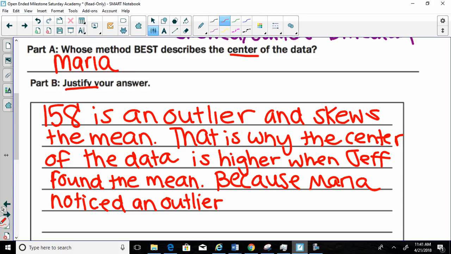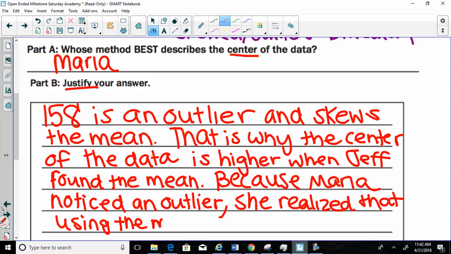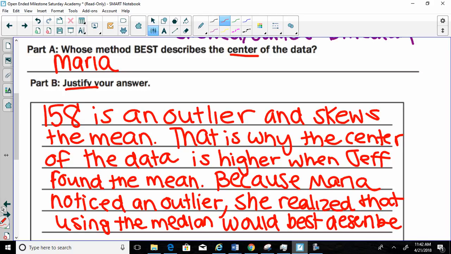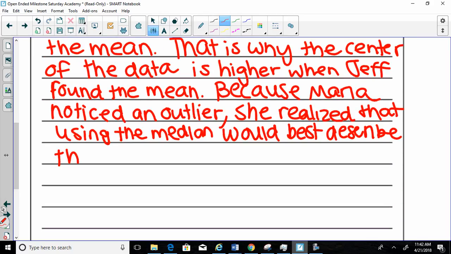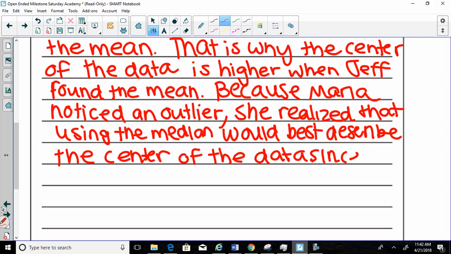Because she noticed an outlier, she realized that using the median would best describe the center of data, since the median is not affected.